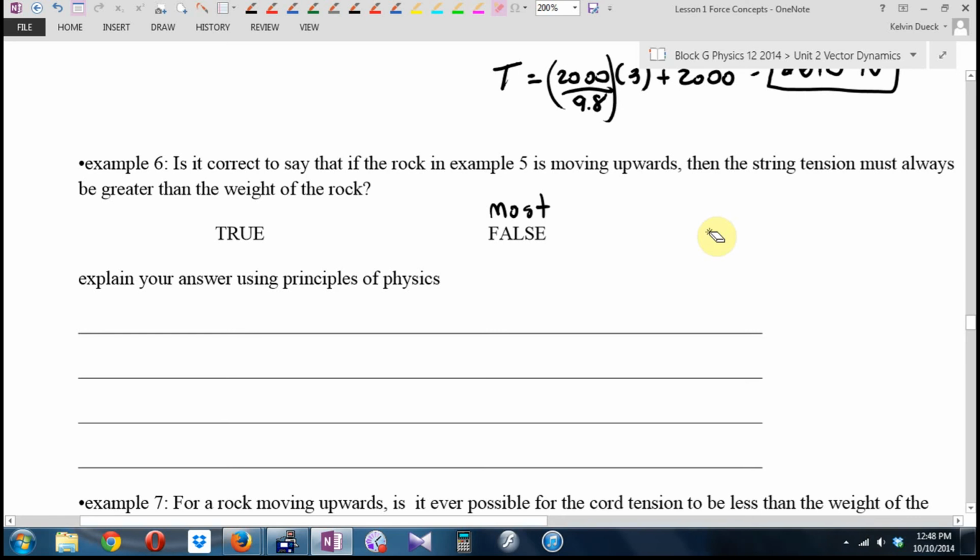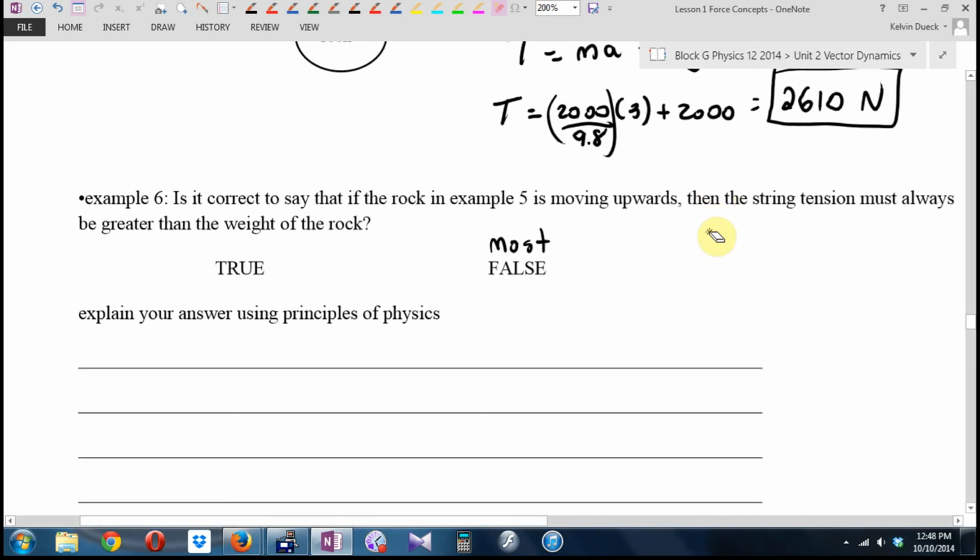What if that was the case? Let's look at our equation. We said tension equals ma plus mg. Constant speed means which of these is 0?